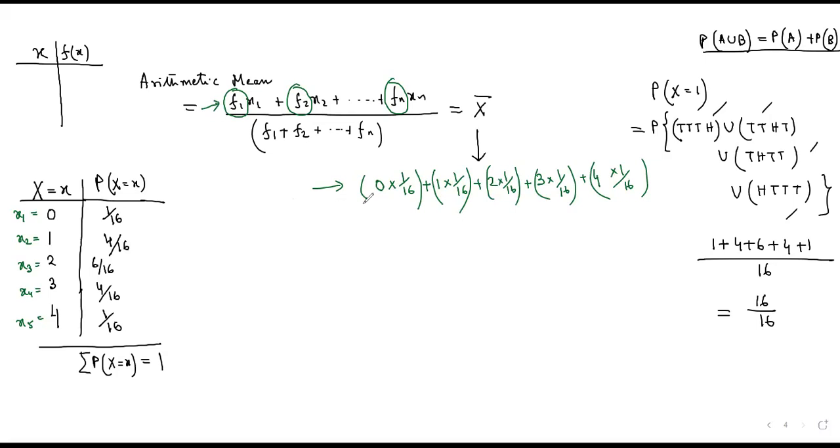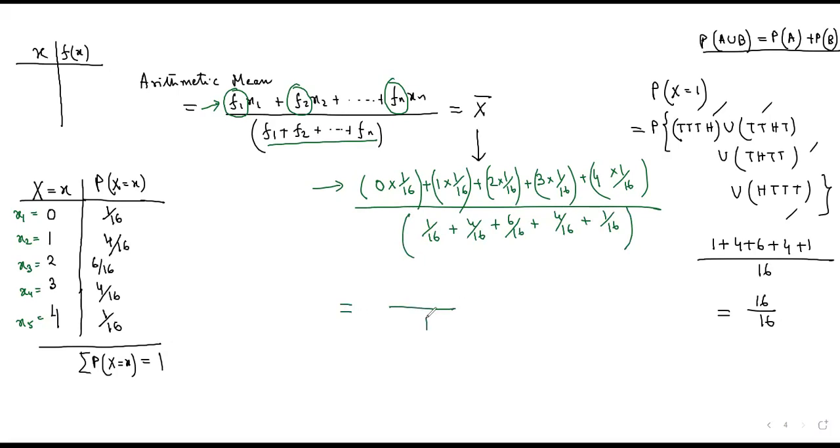We're actually calculating the numerator part. For the denominator, we can sum all the probabilities together. So 1 by 16 plus 4 by 16 plus 6 by 16, as if I'm summing all the probabilities. But you know the denominator part is 1 actually. The only thing that you need to calculate is the numerator part.